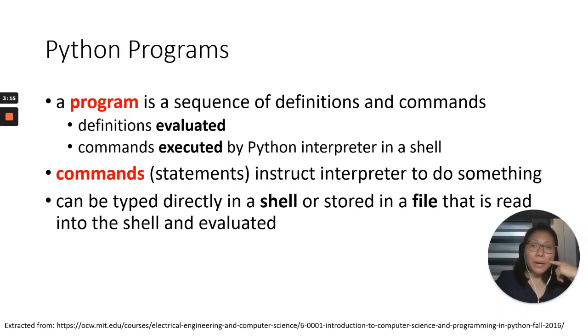A Python program can be typed directly in a shell or stored in a file that is read into the shell and evaluated. So you can type your code in the shell, or if it's long enough, you can write it in a text file and then eventually run it in the shell.